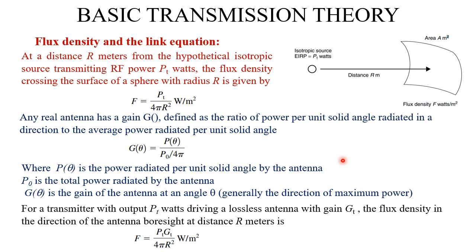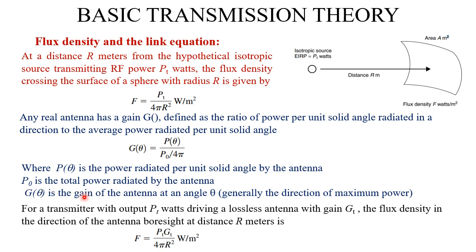Okay, so theta angle equal to S by R, arc length divided by radius, and solid angle means area divided by radius square. The unit of the solid angle is steradian.